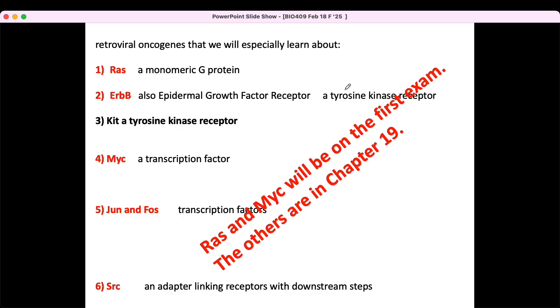And so we'll learn about, for our first exam, MYC and RAS, and we'll learn about these others for the second exam, because for our first exam, we'll probably get through this chapter and then the cell cycle chapter, and then we'll have an exam. And then the next chapter is about programmed cell death, and the next chapter of that is about cancer. And so these other oncogenes come up in that, especially in that last chapter in our book, chapter 19.